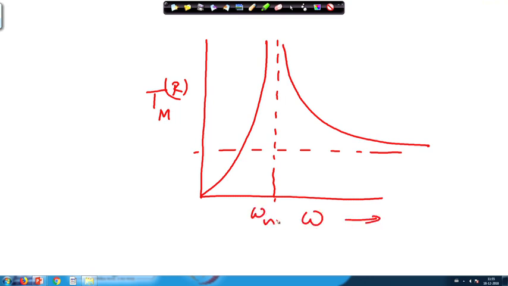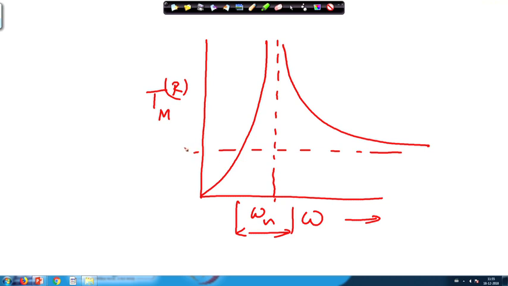Once again at the resonance condition, when omega is equal to omega n, the relative transmissibility is very high. In fact, if damping is not there, it is actually infinite.